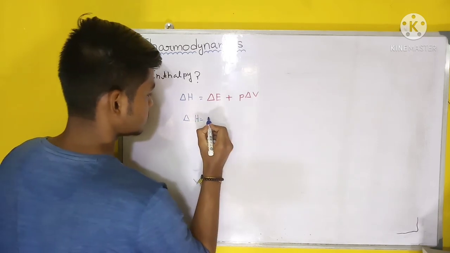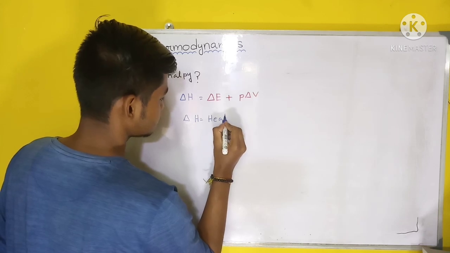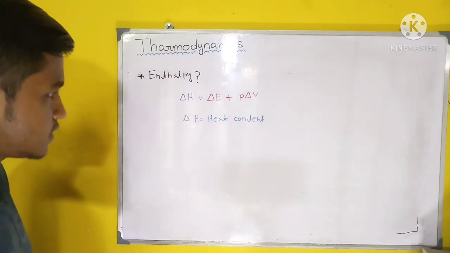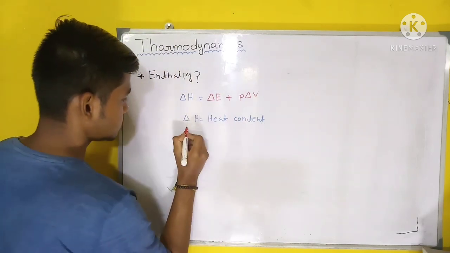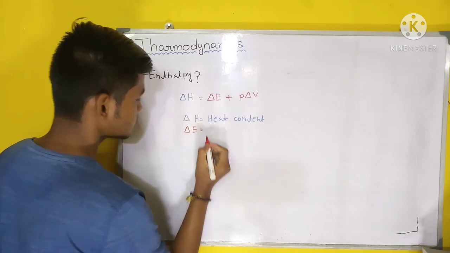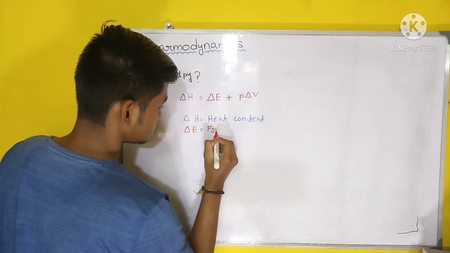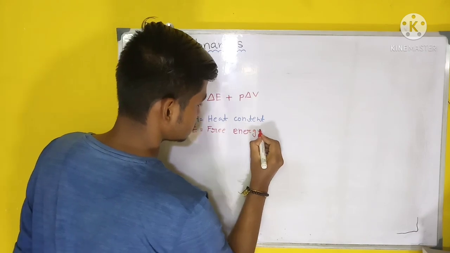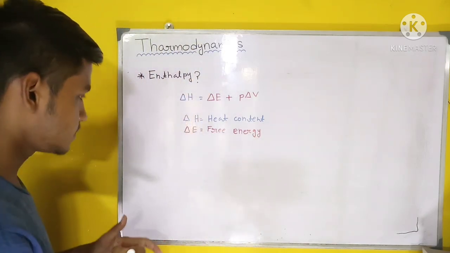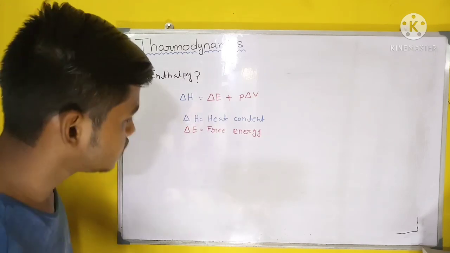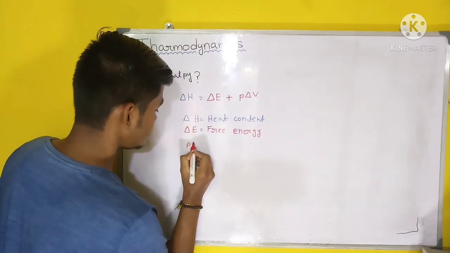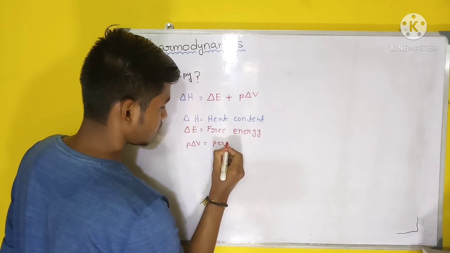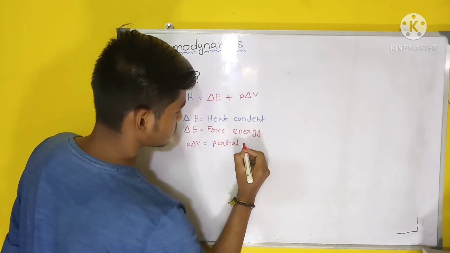So here you guys can see that del H is actually the heat content, and del E is the free energy, and P del V is the partial volume.